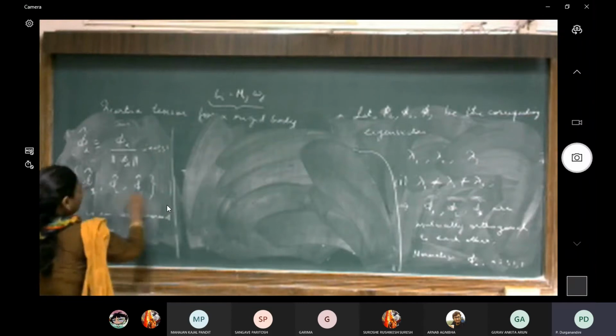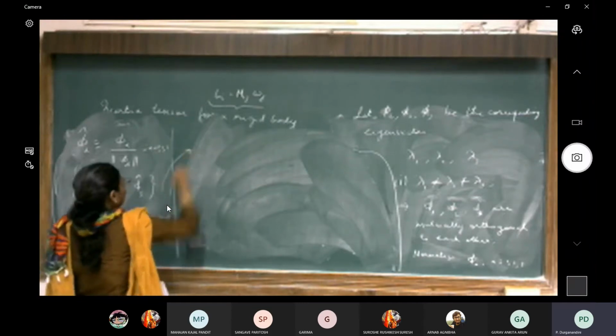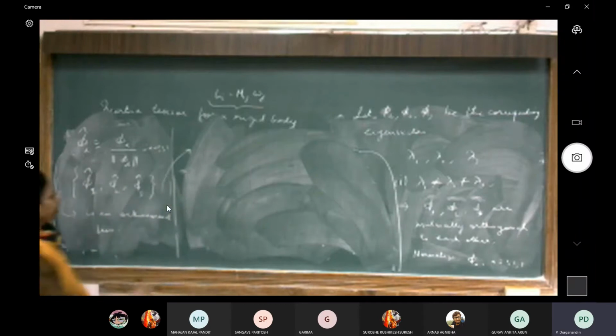So these are mutually orthogonal, or mutually perpendicular.